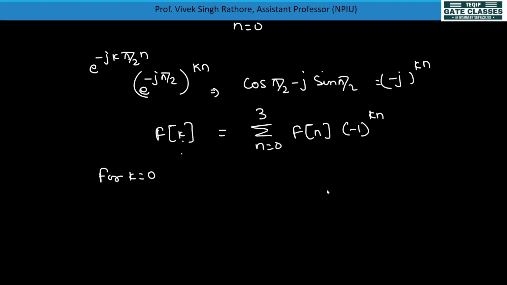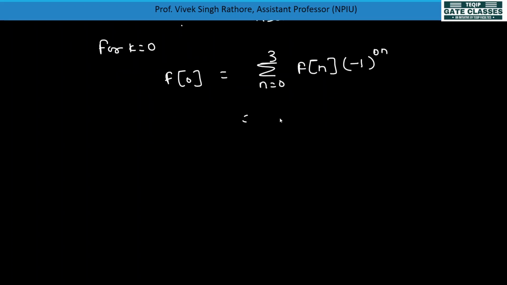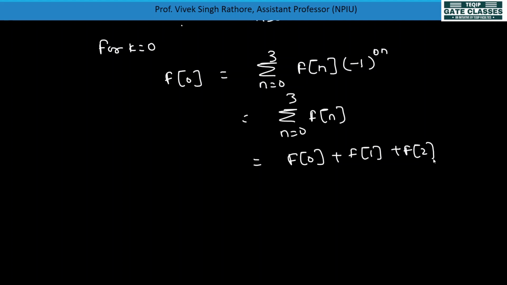So for k equal to 0, you can write f of 0, where n is 0 to 3, f of n, and minus j to the power 0 n. So it is the summation of n equal to 0 to 3 of f of n, which is f of 0, f of 1, f of 2, f of 3.